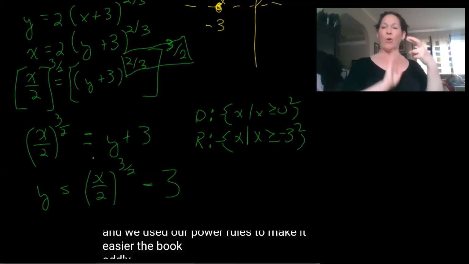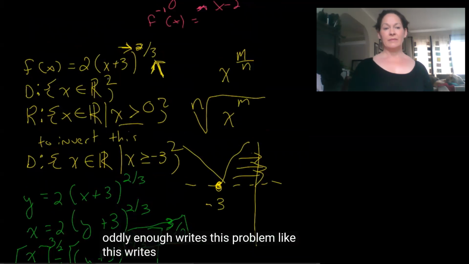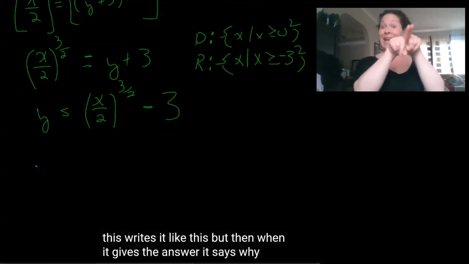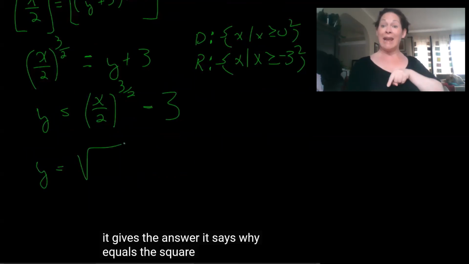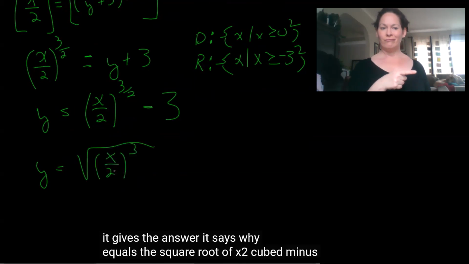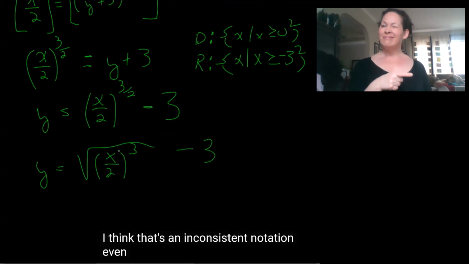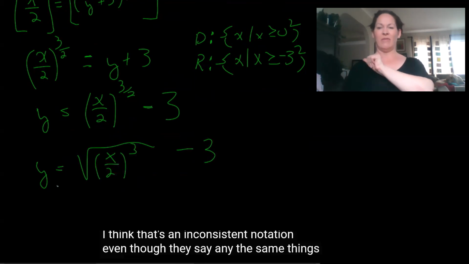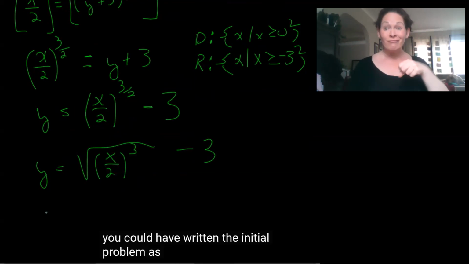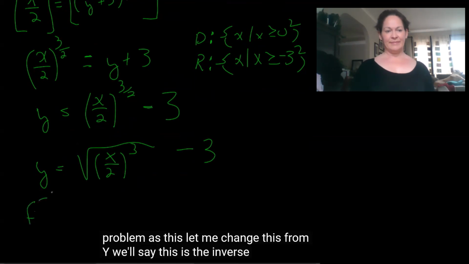The book, oddly enough, writes this problem like this, but then when it gives the answer, it says y equals the square root of x over 2 cubed, minus 3. I think that's an inconsistent notation. Even though they say the same things, you could have written the initial problem as, let me change this from y, we'll say this is the inverse function.